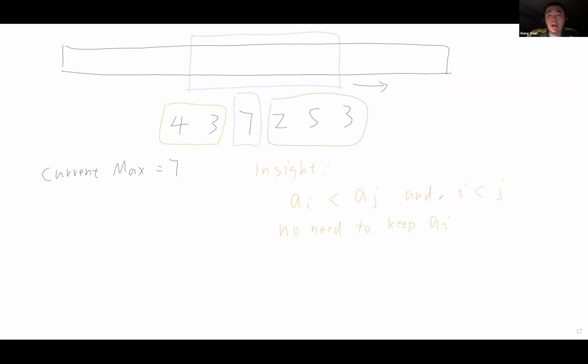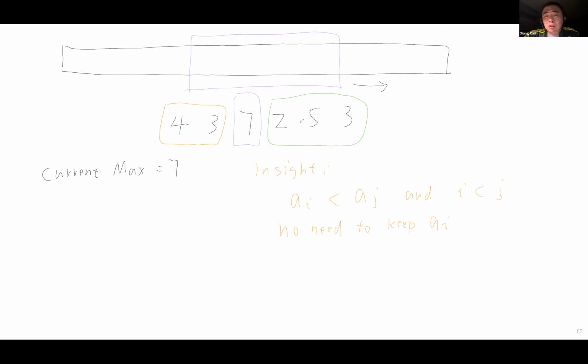However, if a[i] is less than a[j] but i is greater than j, meaning a[i] is after a[j], then you have to keep it. Just like the case of 7 and 5: 7 is larger than 5, but 7 comes before 5. So when you slide, 7 will be out of the scope, in which case 5 will still be in there.